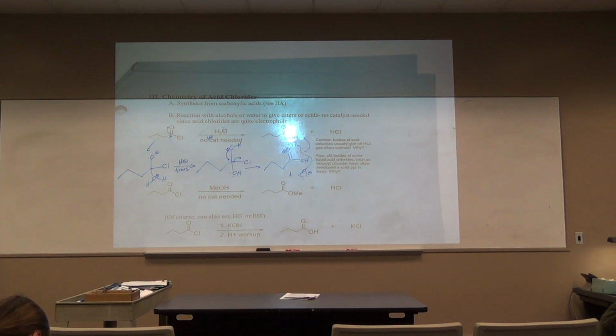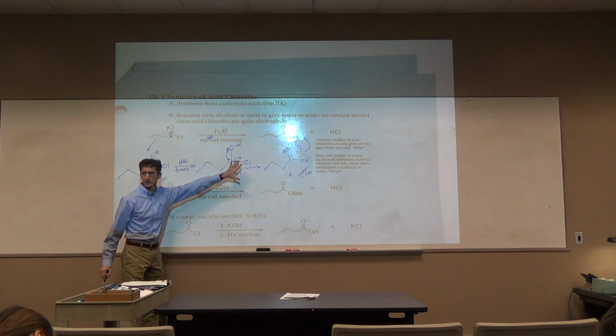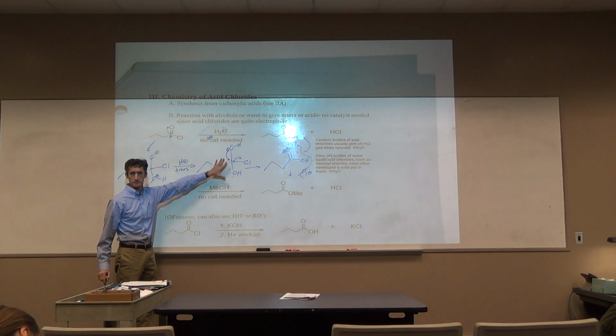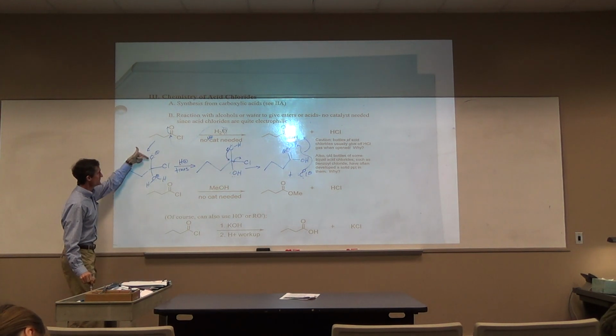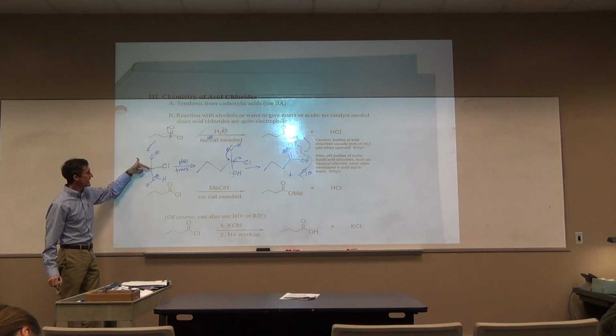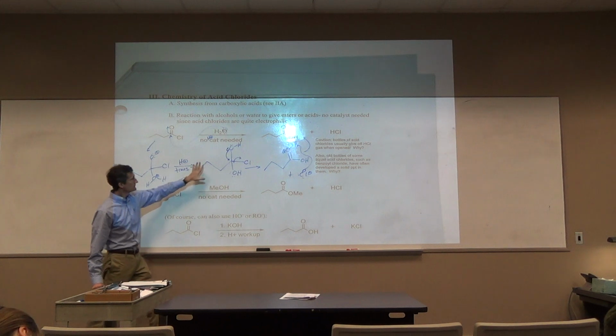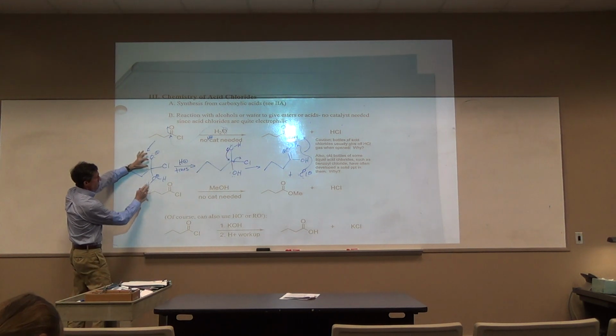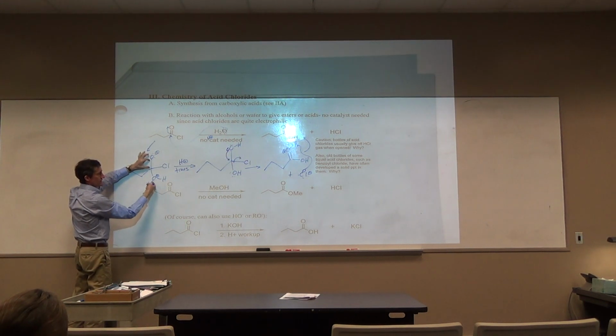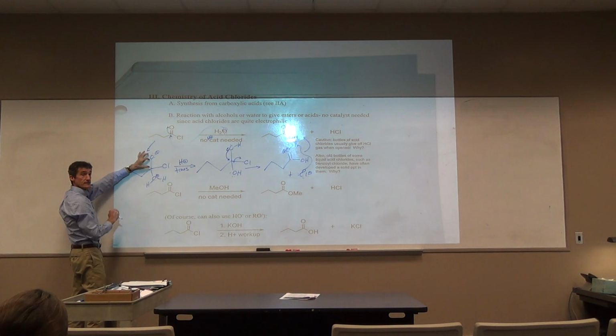Now, most books, and probably most instructors, will not show this H plus transfer. Most will probably just bring these back down and kick off the chlorine. And then you would have double bond here, and then the chlorine would take an H from here to form the HCl and go neutral.